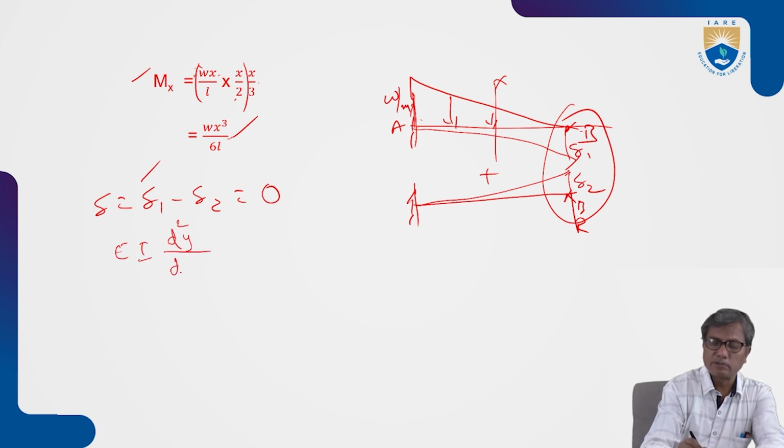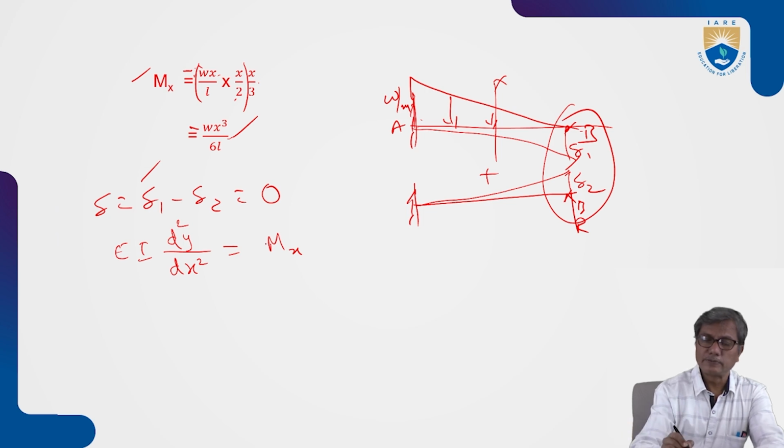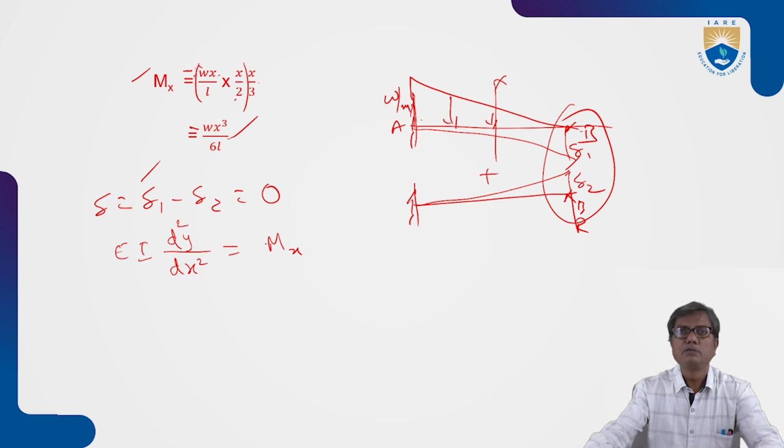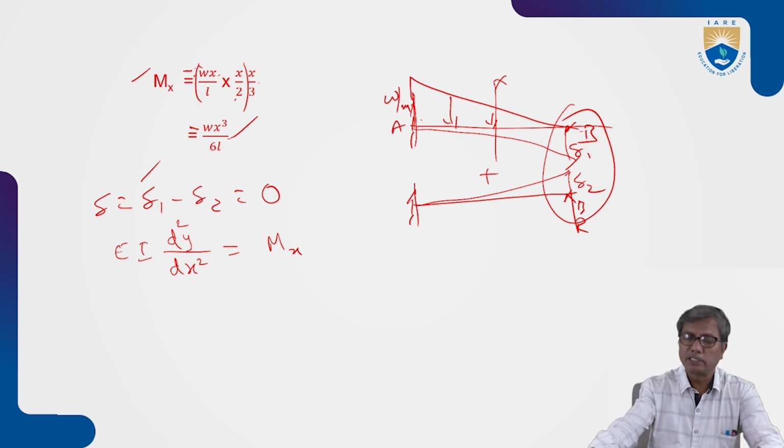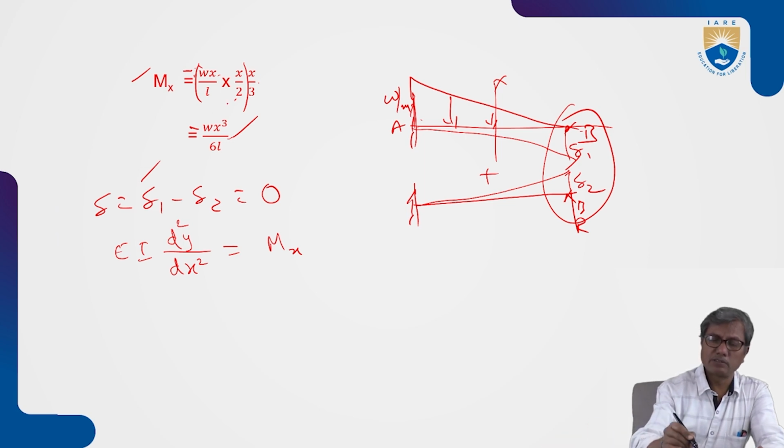Now we substitute this in the expression EI d square y by dx square equals Mx. Actually, this should be taken with the negative sign, being a hogging moment. Being hogging, the bending moment is taken negative: EI d square y by dx square equals minus Wx cube by 6L.